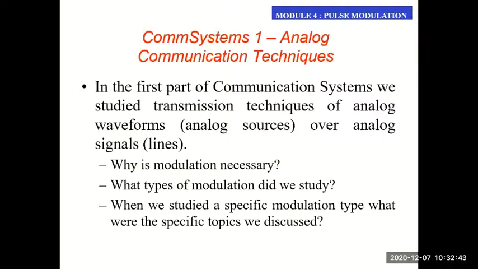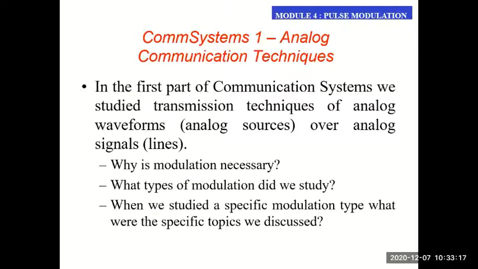So in the first part of communication system, we studied all analog waveforms with analog sources. We studied why modulation is necessary. Without modulation, we can't transmit long distance. We can't multiplex. Noise and interference will be high, and antenna heights will be more. All those things we saw. So we need to modulate. What types of modulation we studied? As we have already discussed, amplitude and angle modulation.